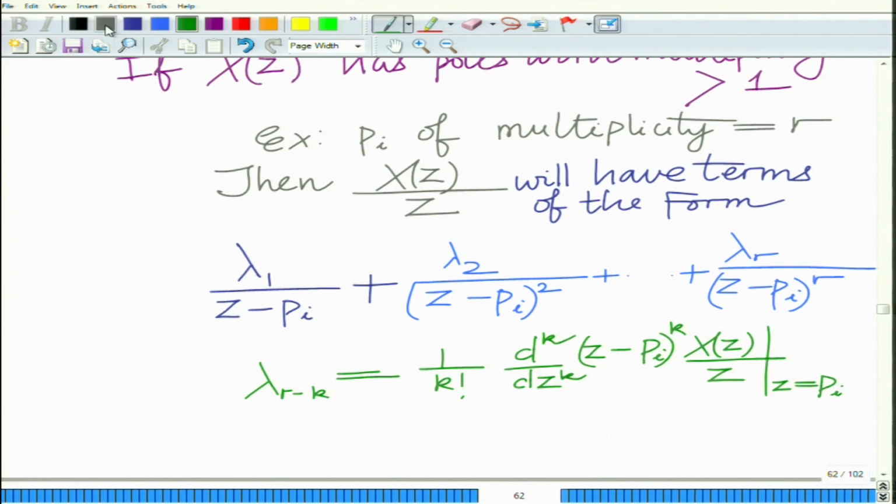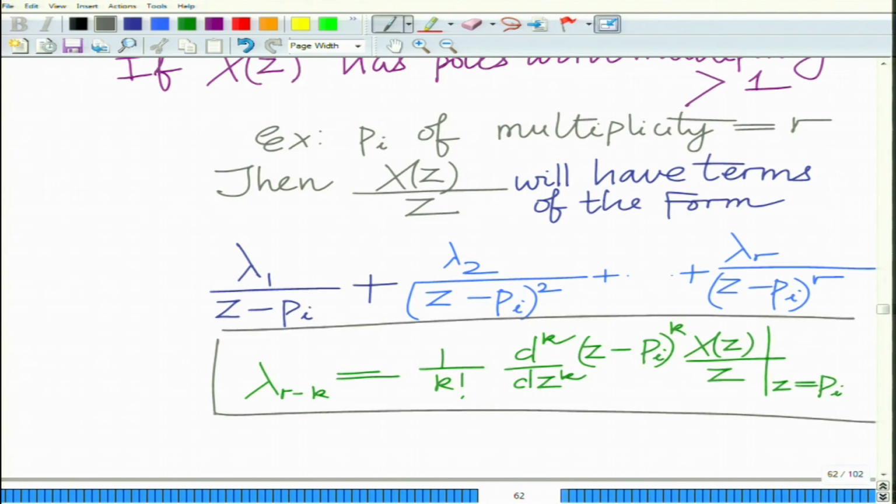So, this is the expression for the term lambda(R minus k), which is the coefficient of the term (z minus pi) raised to the power of R minus k.